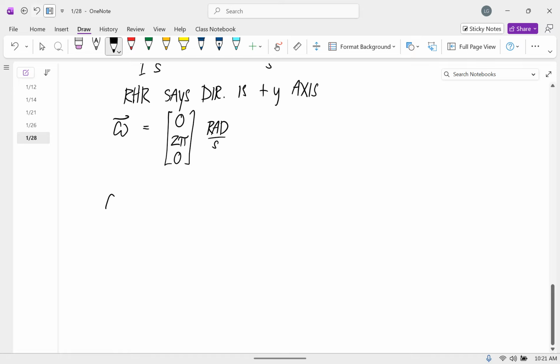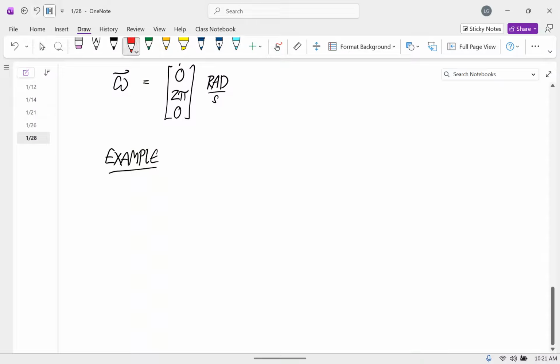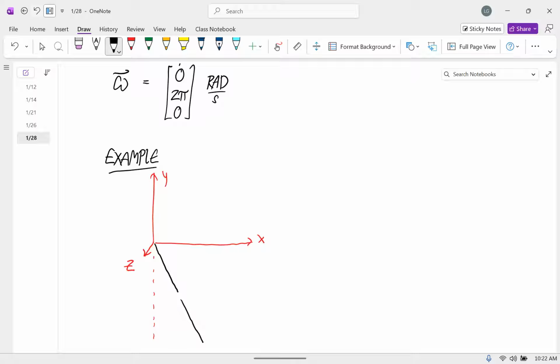Okay, so let's do one where it's not in the direction of a coordinate axis. So let's say this time, my coordinate axis is going to be x, y, z coming out. But this time I'm going to do a rotation about an axis like this, where this angle is 20 degrees.